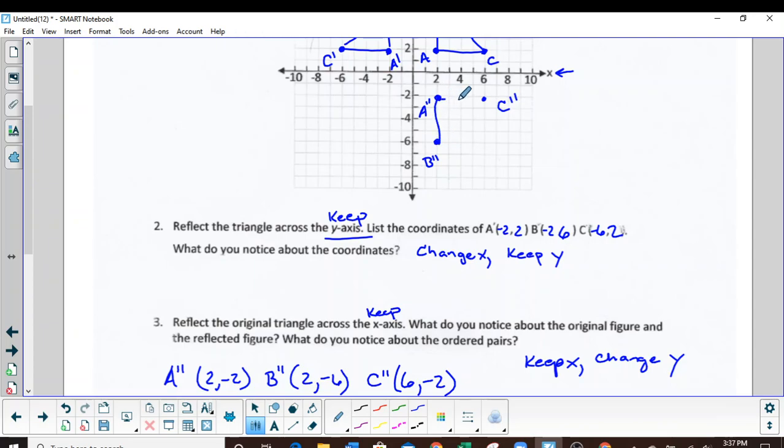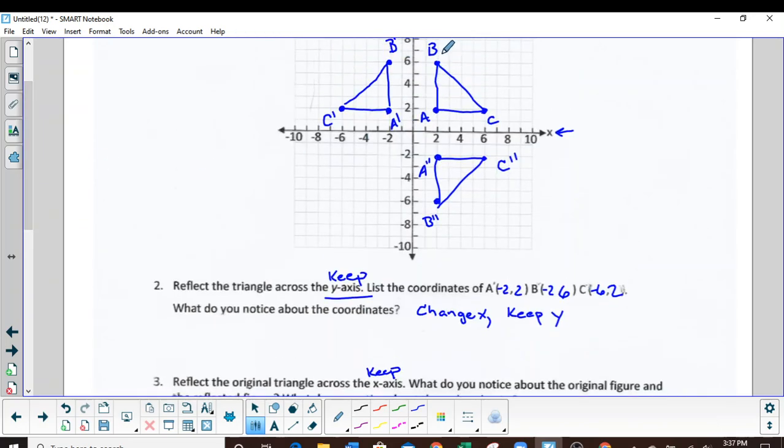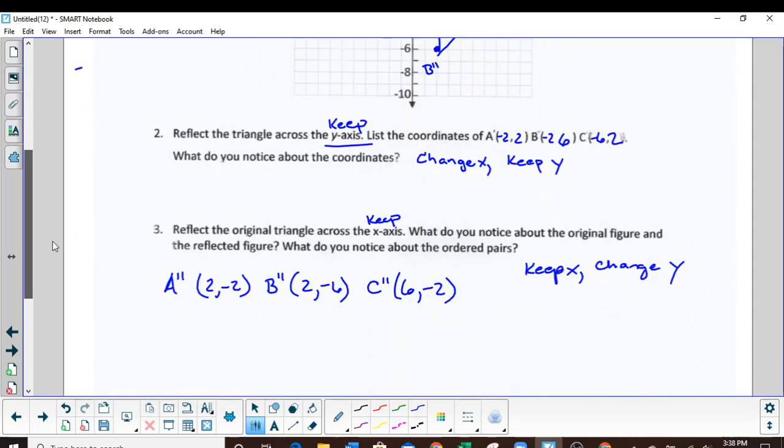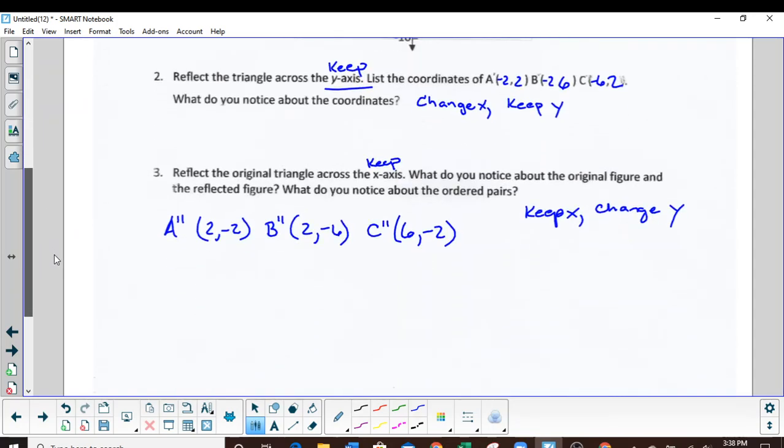You can see, even though my lines are terrible, how that one's flipped across the x-axis. It's kind of like you just took your hand behind it and flipped it over the axis. Okay, what does it say here? What do you notice about the original figure and the reflected figure? To me, it looks like a mirror image, and you can write that down.